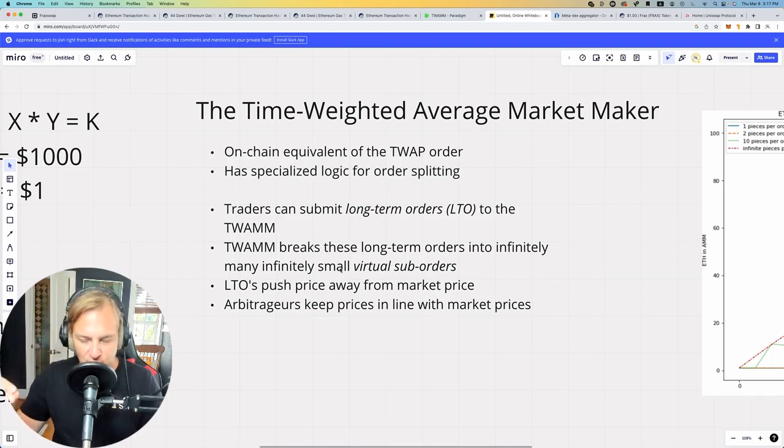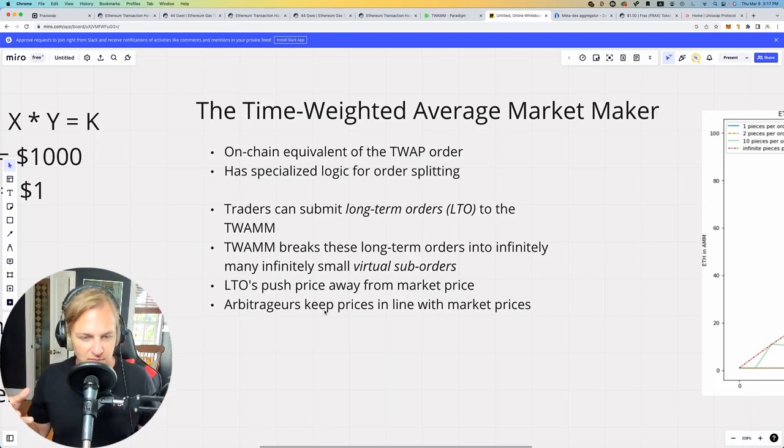So it pushes the price in one direction virtually, and then arbitragers can come and fill it, and that represents the TWAMM getting filled. The arbitragers keep the price in line with market prices.